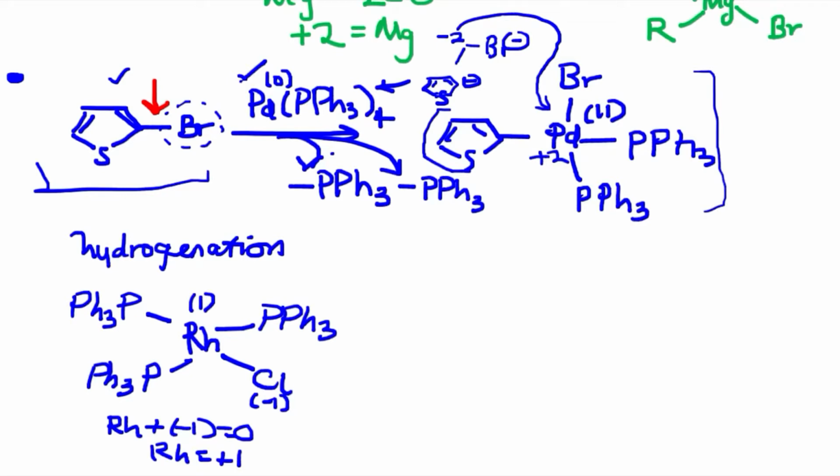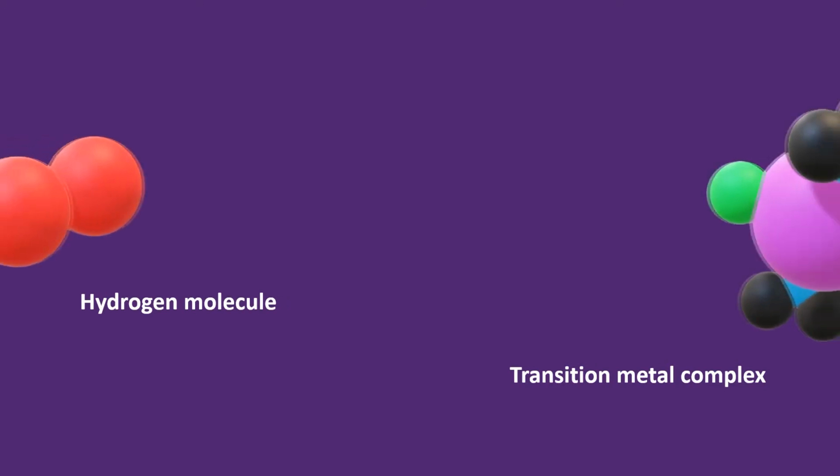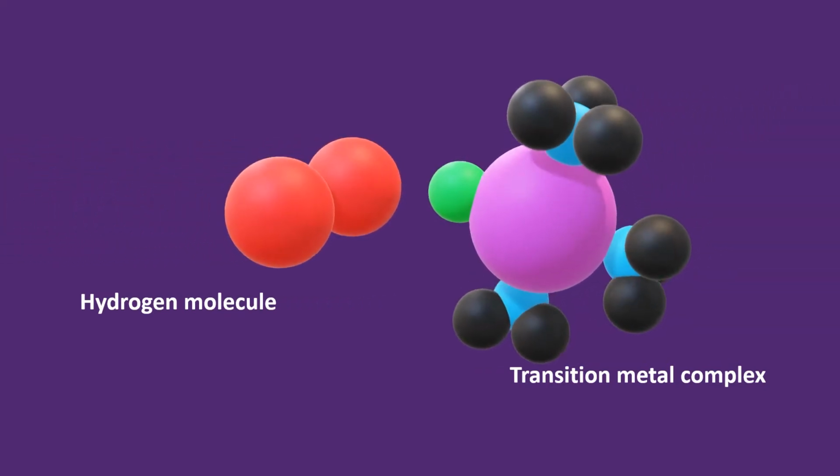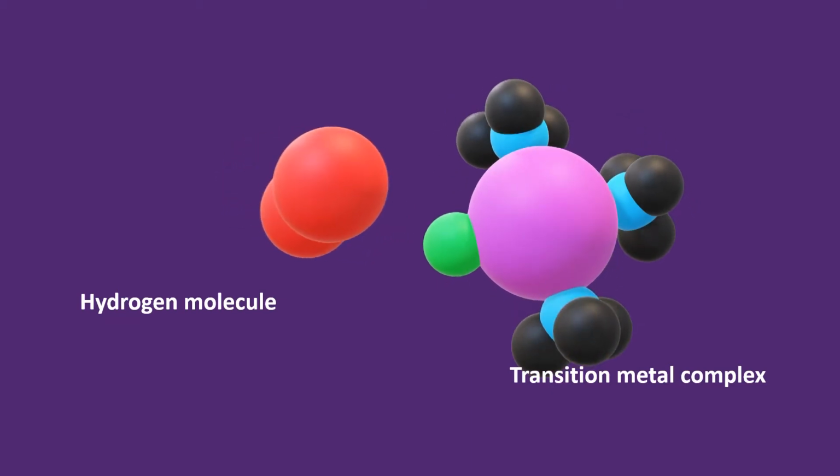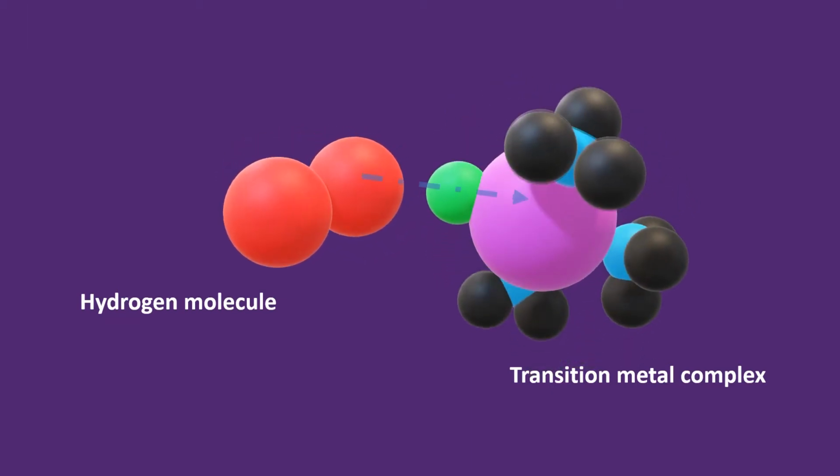Now what we notice is that there is a hydrogenation process that results in the introduction of both hydrogens on this particular metal. So what that results in is the loss of one of these ligands.